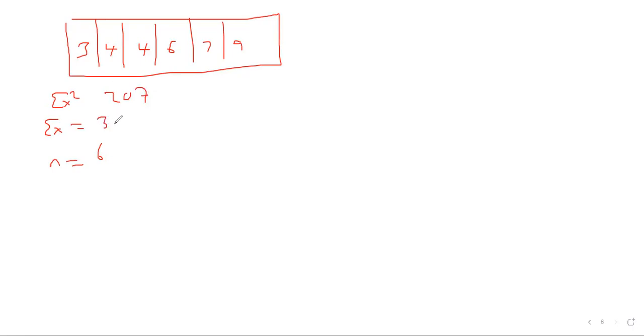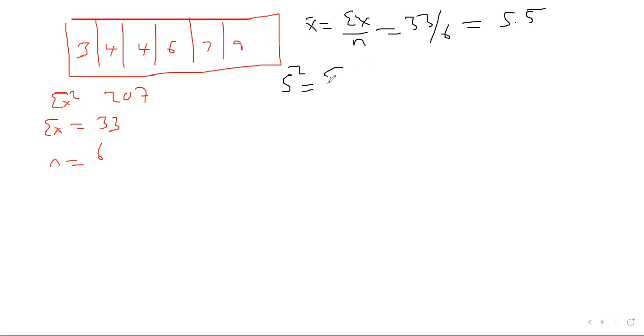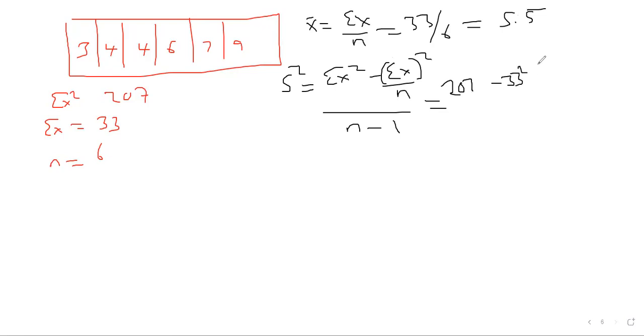How do you define the mean? The mean is simply summation of x over n, 33 over 6, which is 5.5. How do we find the variance? Summation of x squared minus summation of x to the power 2 over n, everything over n minus 1. So this is 207 minus 33 squared over 6, everything over 6 minus 1.